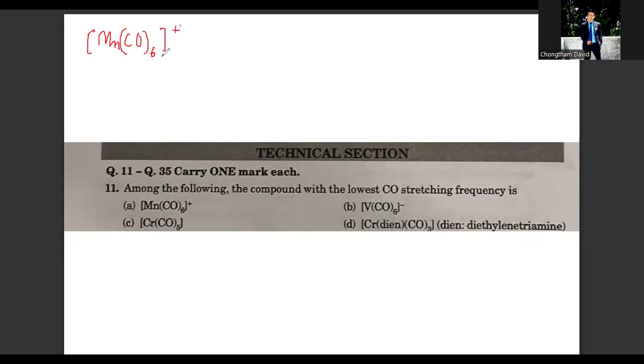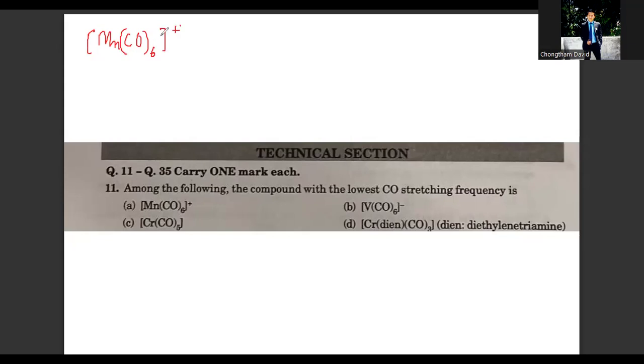This is the coordination sphere, and after ionization it has changed to cations. So the manganese in this complex is in a +1 oxidation state. The positive charge on the metal decreases the electron density on the metal, leading to weaker back donation to the carbon-oxygen ligands, which typically results in a higher carbon-oxygen stretching frequency.